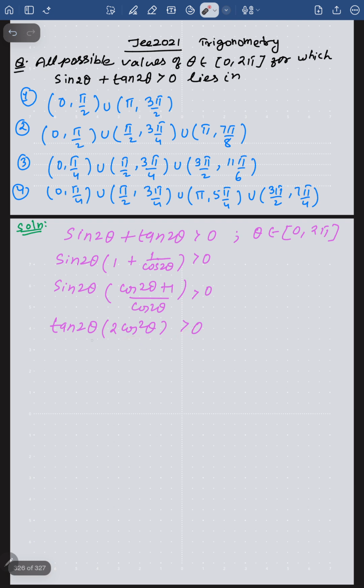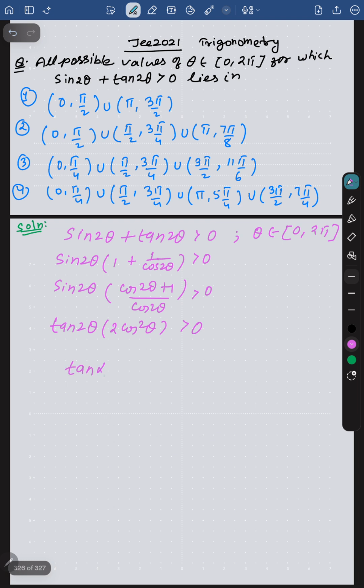Okay, but we also have to test for positivity. So now we consider only tan 2 theta. You know that for any angle alpha, tan alpha is positive in the first and third quadrants: all positive, sine positive, tan positive, cos positive.